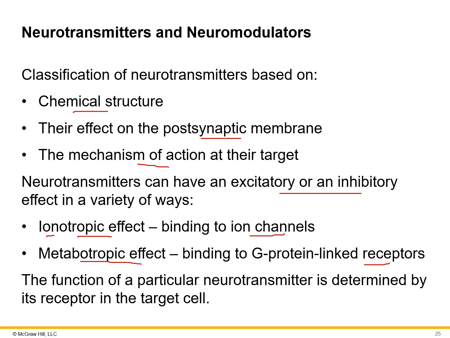It's going to cause the cell to do something, like a gland releasing a certain hormone. So binding of the ligand to these receptors causes production of that hormone, and then release of the hormone from the gland. So the function is determined by the receptor on the target cell.